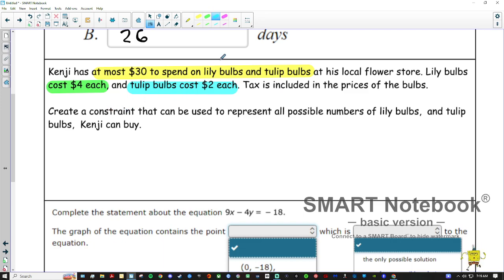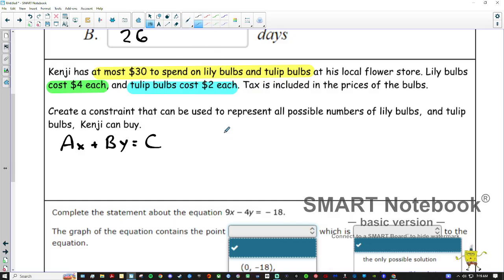Let's create an equation. Since we have 3 numbers in this problem, that means we need to use ax plus by equals c. Okay, c is my total, and a and b represent my 2 types of flowers, lilies and tulips.